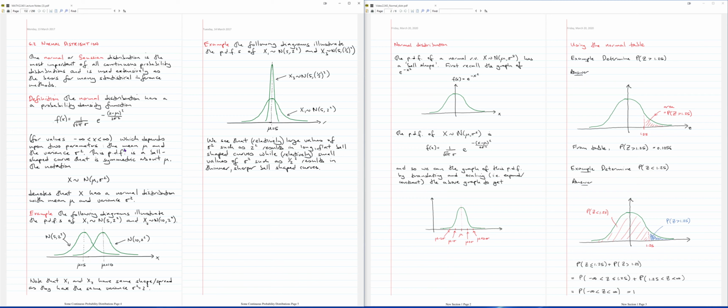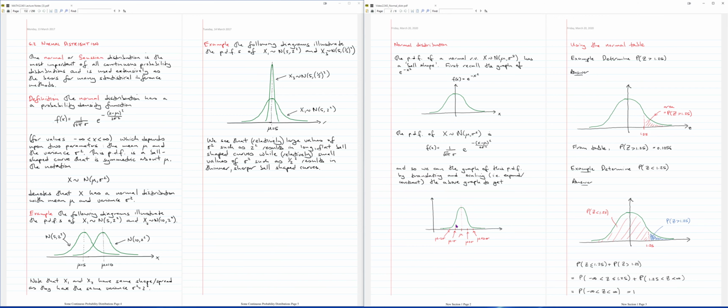What the sigma does for you is scale. If you notice how I drew this, it had a certain shape or spread, and this one over here is narrower. So what the sigma does is either compress or expand, depending on whether the sigma is bigger than or less than 1.